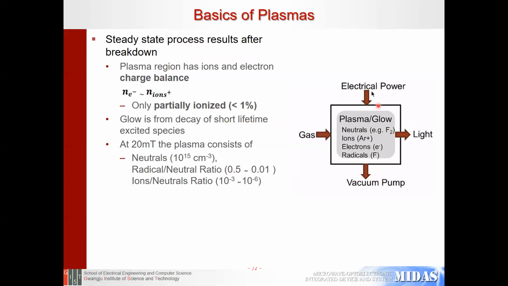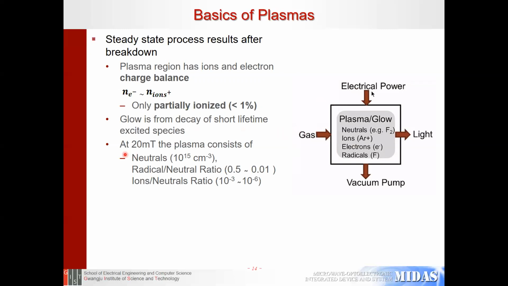Any place in the chamber where we can see the glow means there we have electrons that are excited, or hot electrons, so they are breaking down and fragmenting the gas. And when it is dark, that means we don't have any hot electrons.